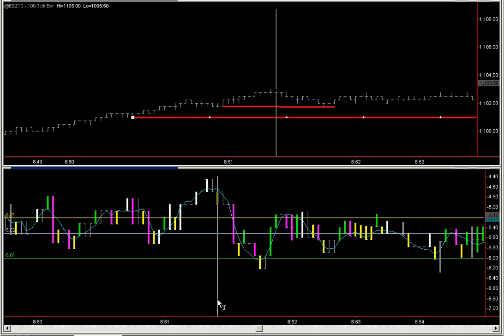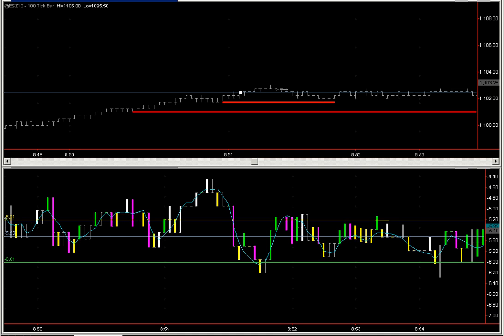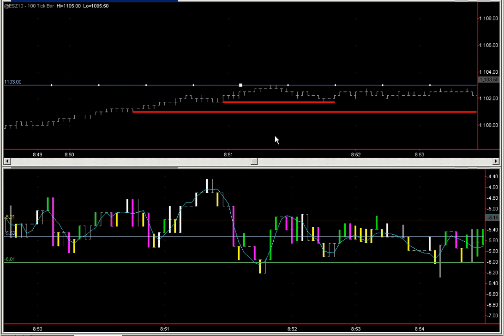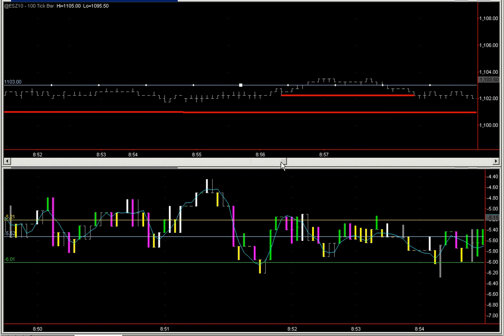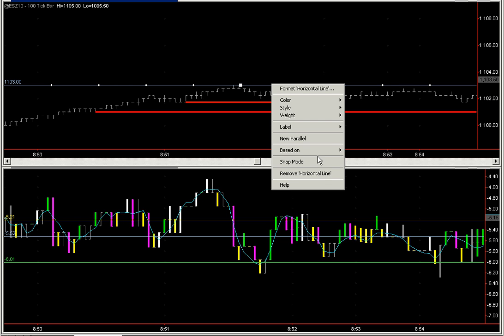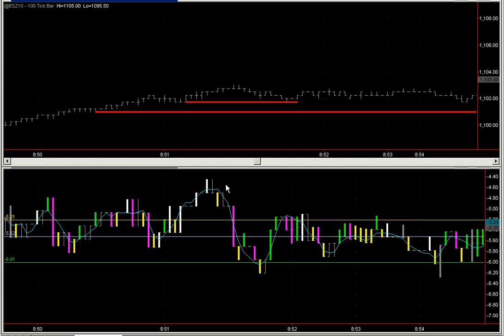However, that strong move up also suggested the possible retracement right back up to that price level, which in fact did occur. And we knew that just from the pattern of this bar. Now let's move forward a little bit more.